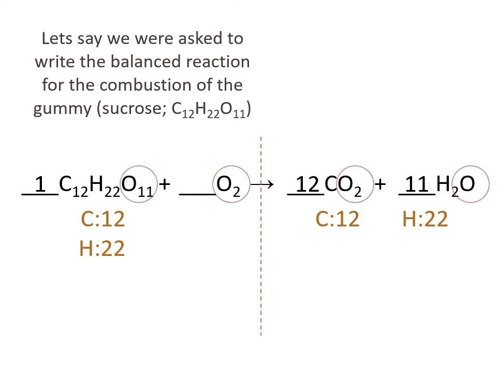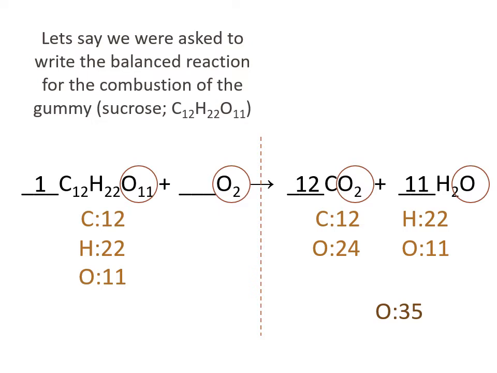Now I have to balance the oxygens, as it is the only thing left. In the sucrose, when I placed a 1 with sucrose, that gave me 11 oxygens. Placing a 12 with carbon dioxide gave me 24 oxygens. And placing an 11 with the water gave me 11 oxygens. So on the product side, on the right-hand side, I have a total of 35 oxygen.